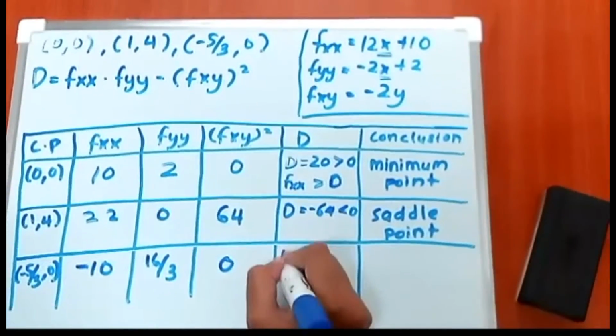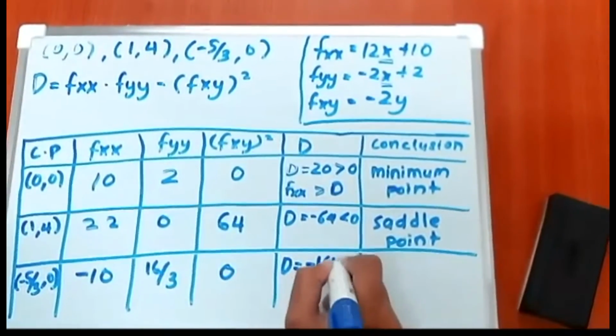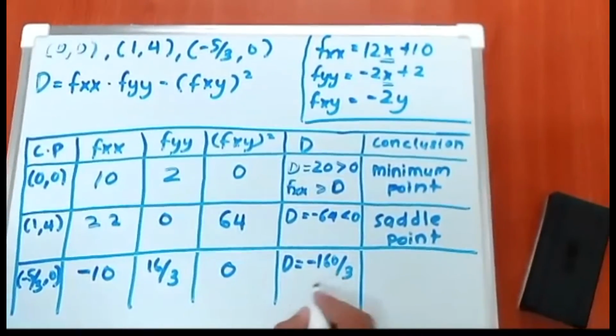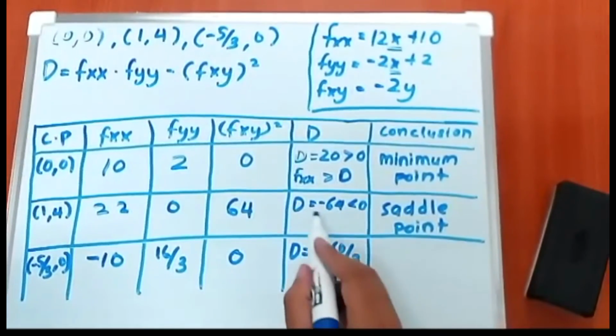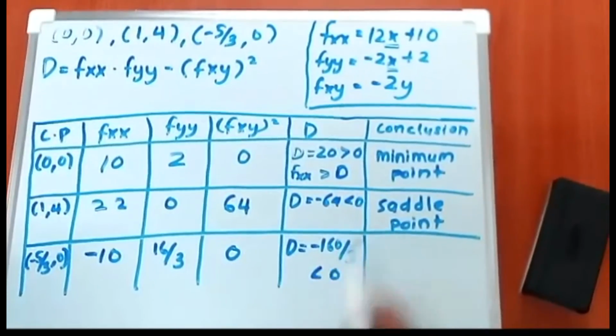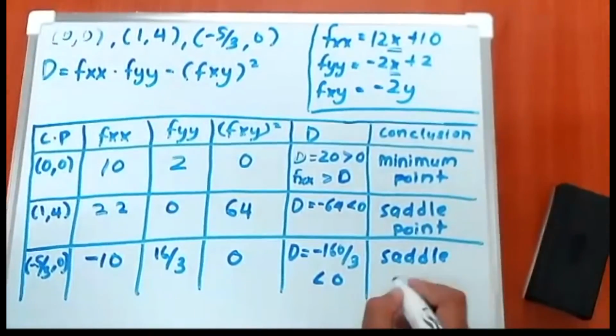So the D you will get is -160/3, which is less than 0. So as I said before, when the value of D is less than 0, it is another saddle point here.